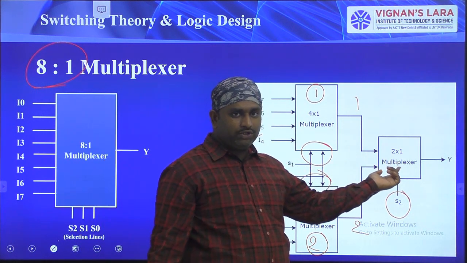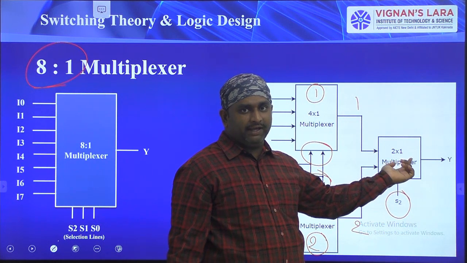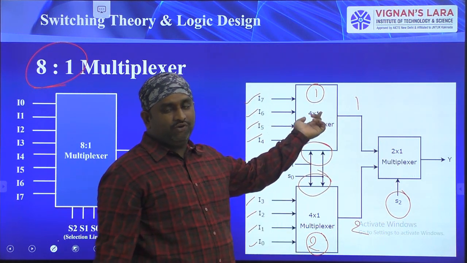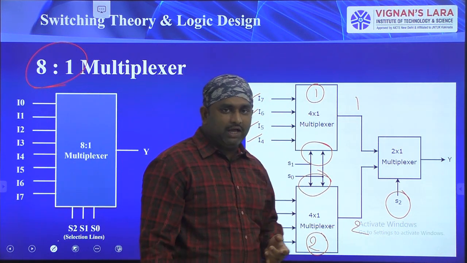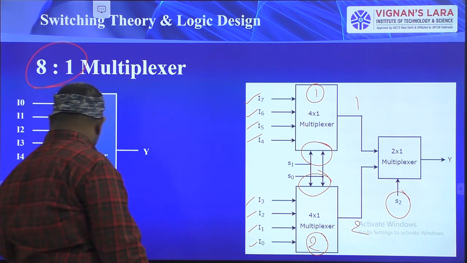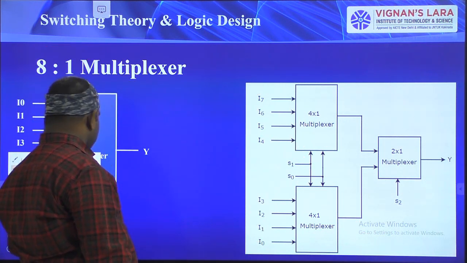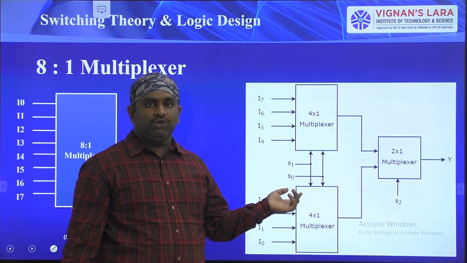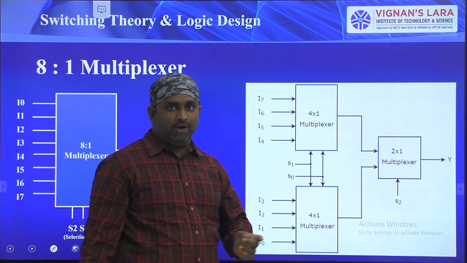From this 2:1 multiplexer, I have only one output. For the 2:1 multiplexer, I have 2 inputs, and those 2 inputs are the outputs of the first stage 4:1 multiplexers. So this is the implementation of an 8:1 multiplexer by using 4:1 multiplexers, and a 2:1 multiplexer also we have used.